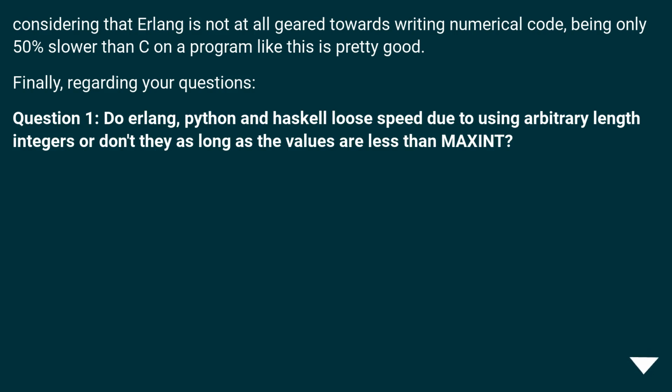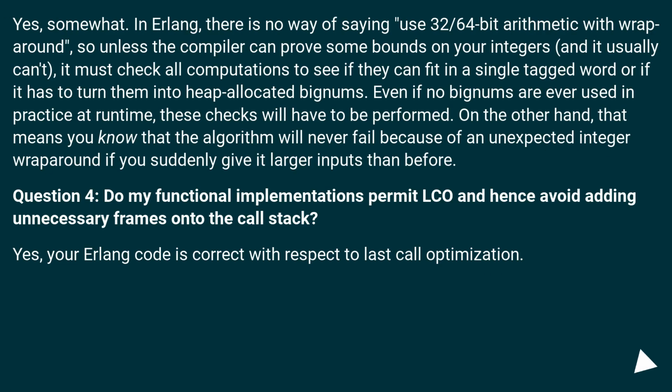Finally, regarding your questions. Question 1: do Erlang, Python and Haskell lose speed due to using arbitrary length integers, or don't they as long as the values are less than maxint? Yes, somewhat.